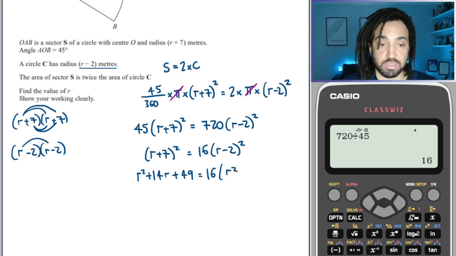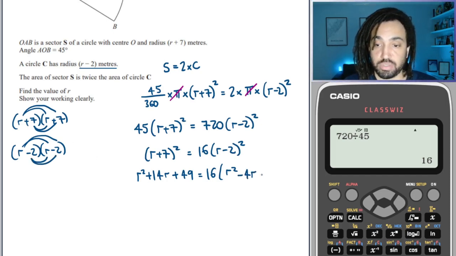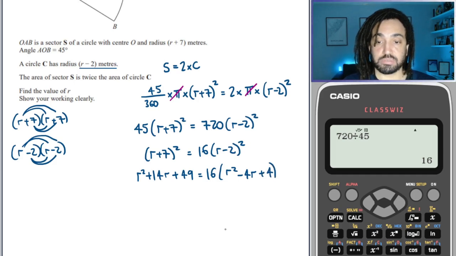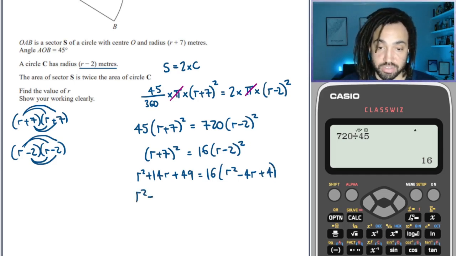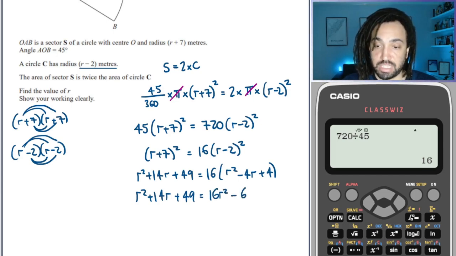It will give us a minus 2r and another minus 2r, so minus 4r, and it will give us positive 4. Okay, now we're going to have to times that all through by 16 on the right hand side to get 16r squared minus 64r plus 64.